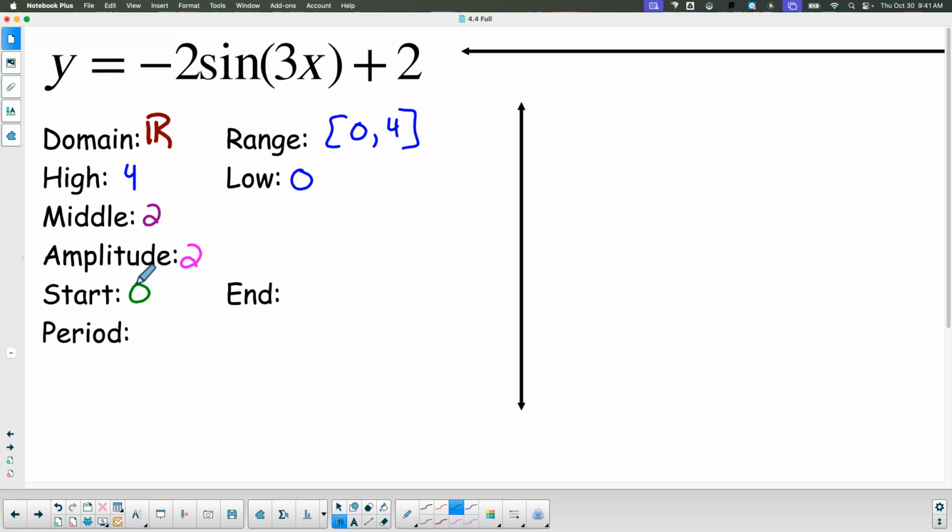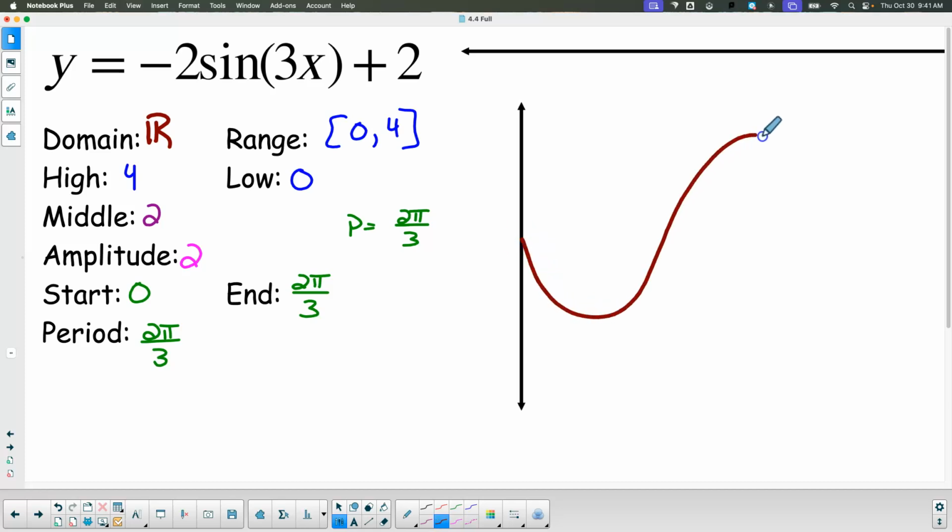Okay? But now my period is going to be 2 pi divided by 3. You did the right thing. It is a negative sine curve. So that means we are going to start in the middle. Down, up, down.